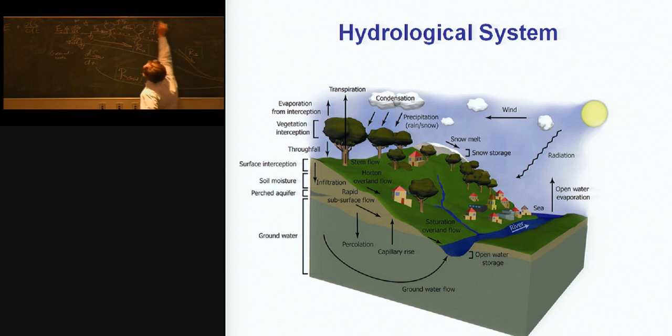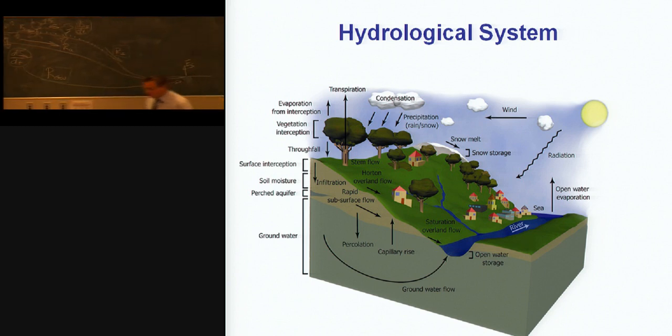For instance, in the interception storage, water change in the surface storage, change of water storage in the unsaturated zone or in the groundwater. Yeah, these are different types of storages. Is that clear?